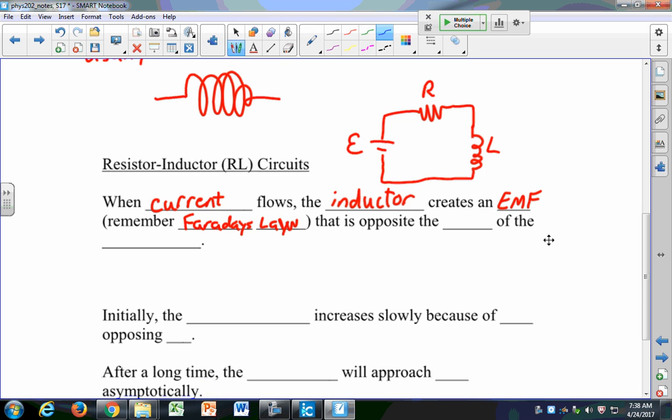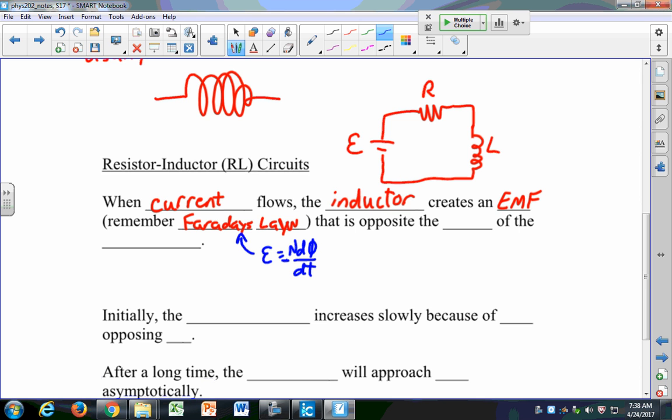Remember Faraday's law, we said that this induced EMF is equal to negative N d phi dt, where N is the number of turns. You'll certainly see Faraday's law on the test, so make sure that as you're going through chapter 6 you're able to use Faraday's law.